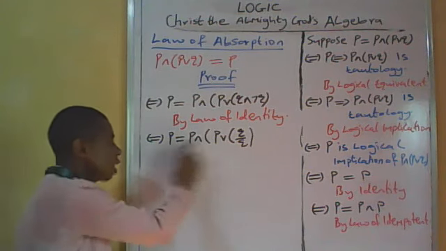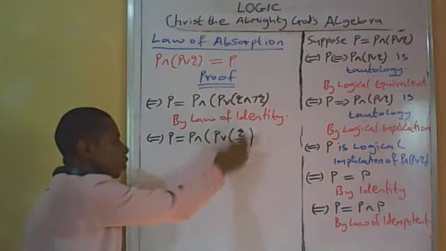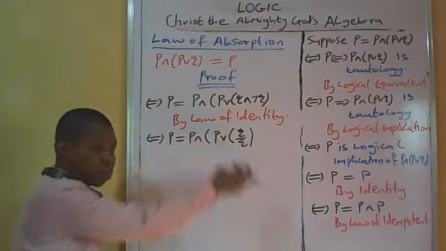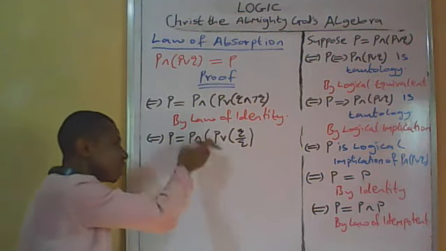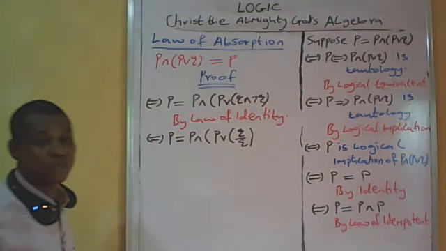The two sides of the equation are still equal because Q implies Q is a tautology. A tautology ANDed with any term is the same as that term. So it's equivalent to P, and P is equal to P.